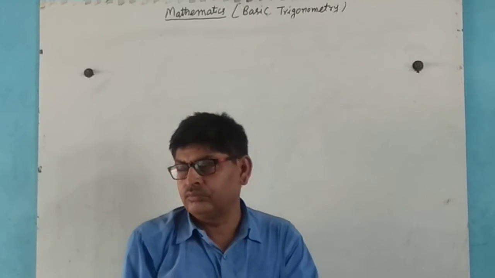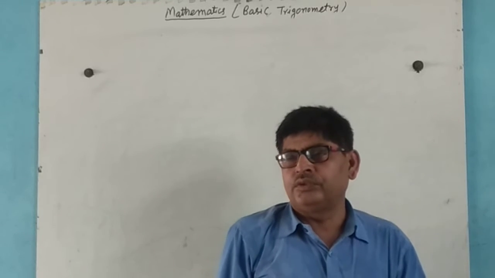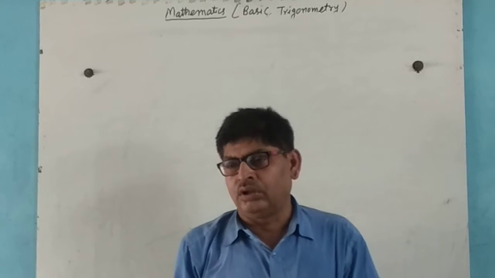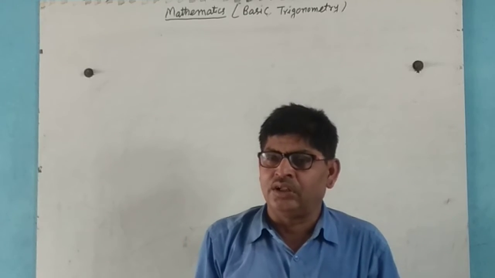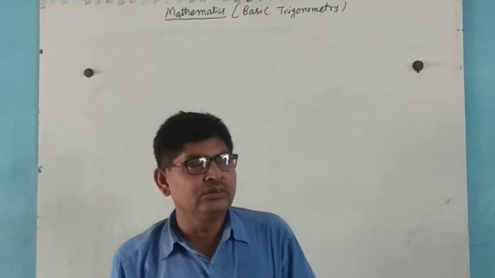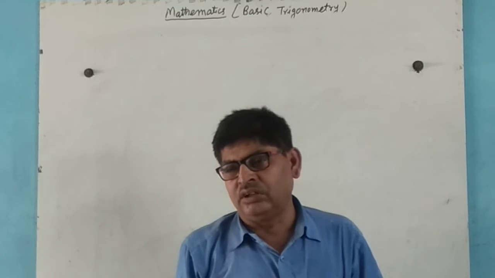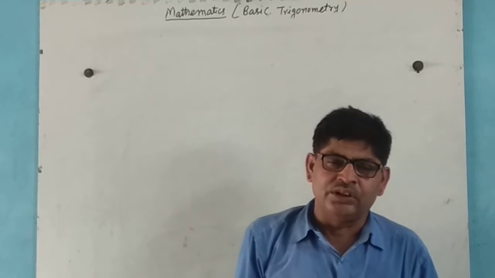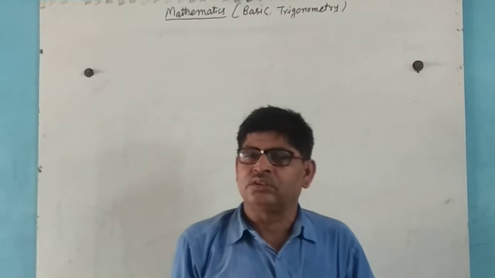Now we shall discuss some tricks to learn the formulas: sin 90 minus theta, cos 90 minus theta, tan 90 minus theta, sin 90 plus theta, cos 90 plus theta, sin 180 minus theta, cos 180 minus theta, sin 180 plus theta, cos 180 plus theta, sin 360 degree minus theta, 360 degree plus theta, and so on.